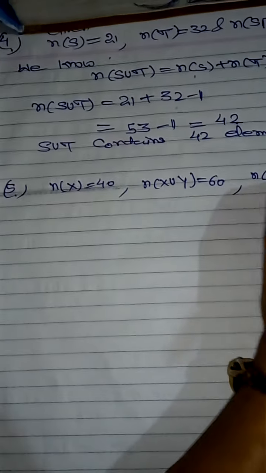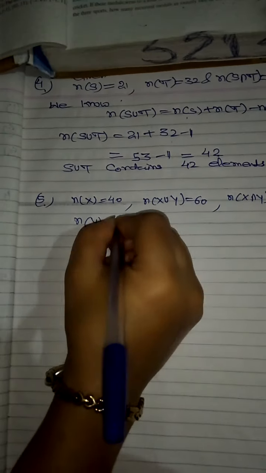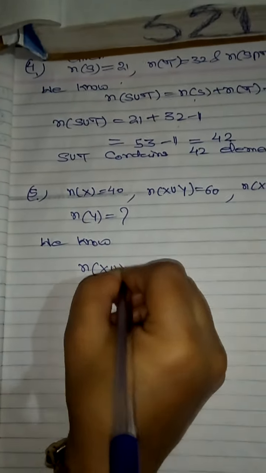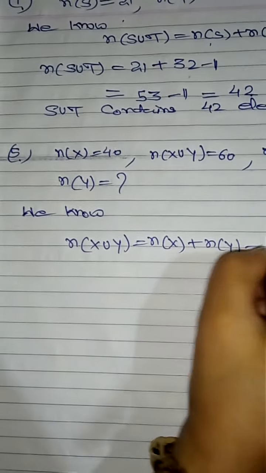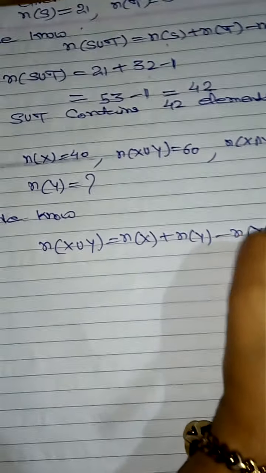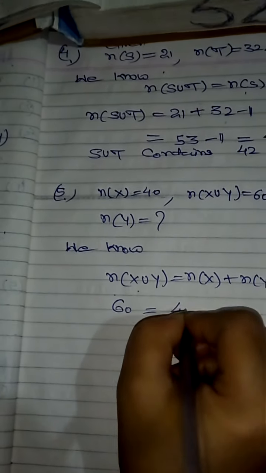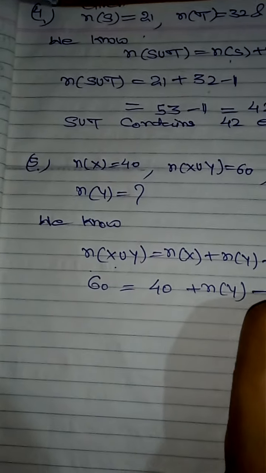So we will write here n of X intersection Y is equal to 10, and we have to find n of Y. In every question you have to write this formula: n of X union Y is equal to n of X plus n of Y minus n of X intersection Y. So n of X union Y is 60, n of X is 40, n of Y we have to find, and this is 10.